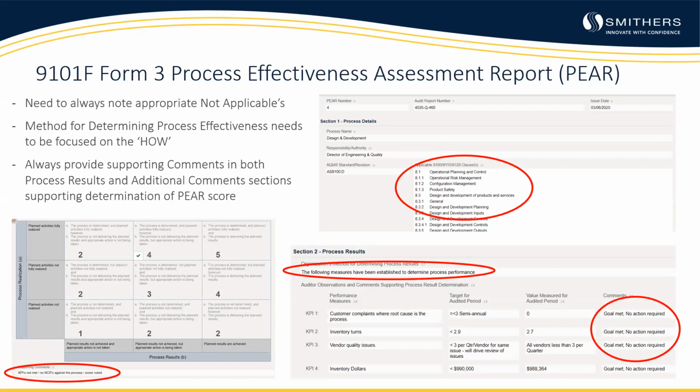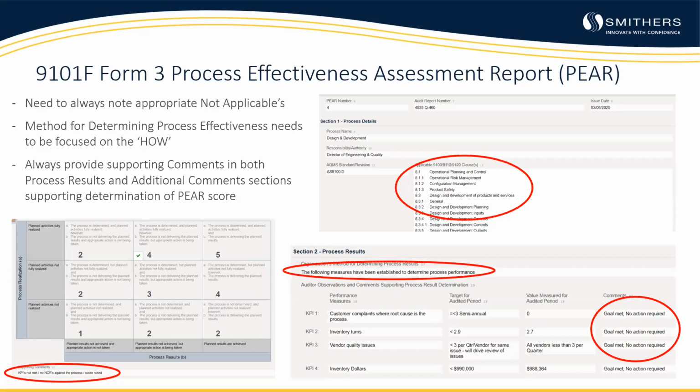And then the last item here is providing supporting comments in both the process results as well as the additional section. So in the process results, if we look at that in terms of the comments, it's okay as far as goal met, no additional action required.